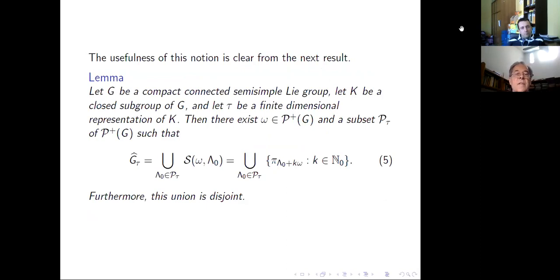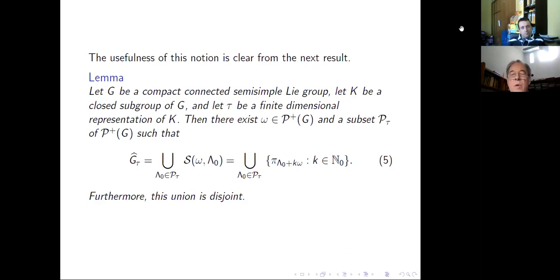The idea is that G hat tau, that is the set of irreducible unitary representations of G that involve tau, that contain tau, is a complicated set in general, but it can be decomposed as a union of this type of sets that we called the strings.